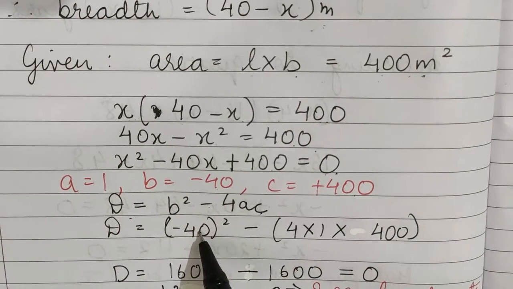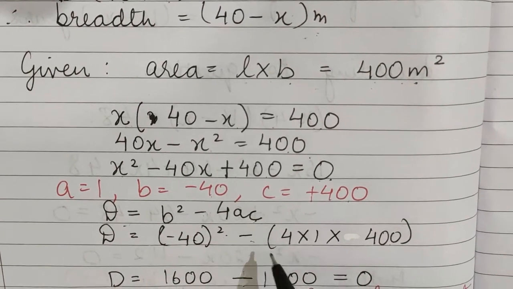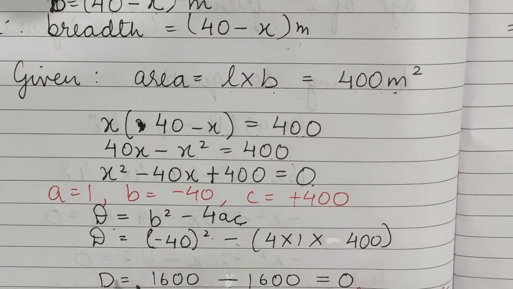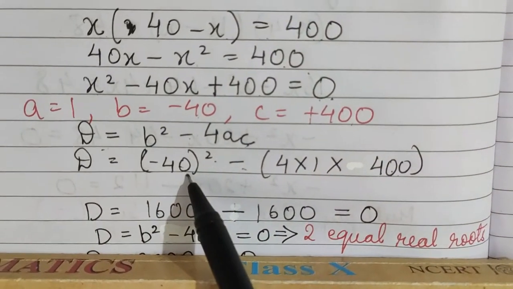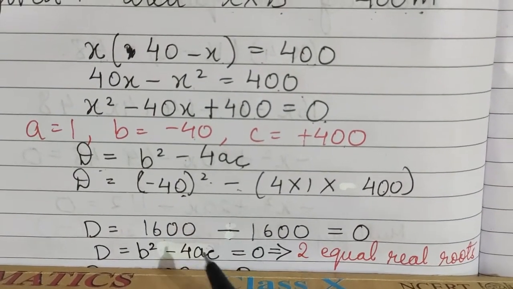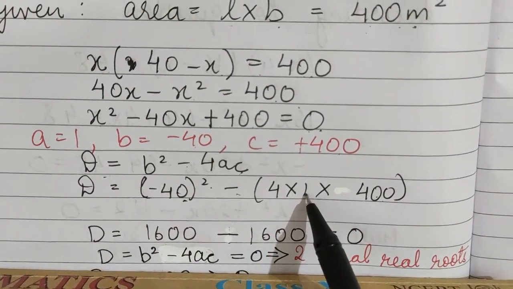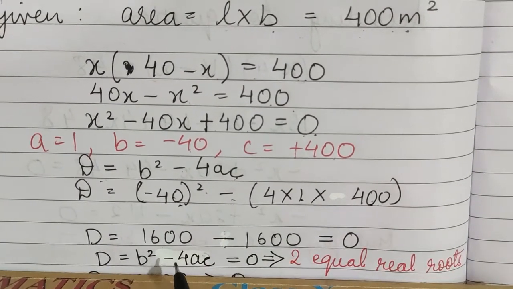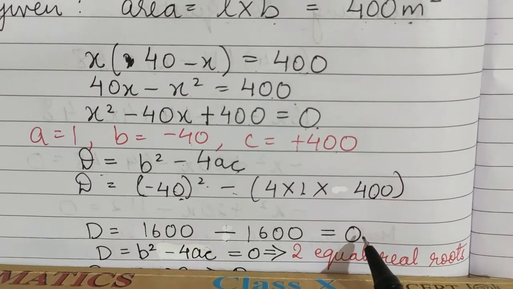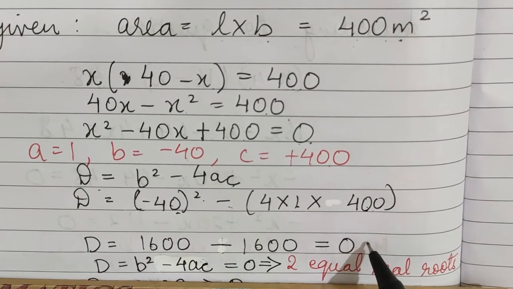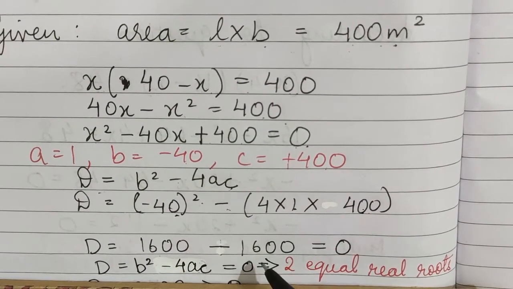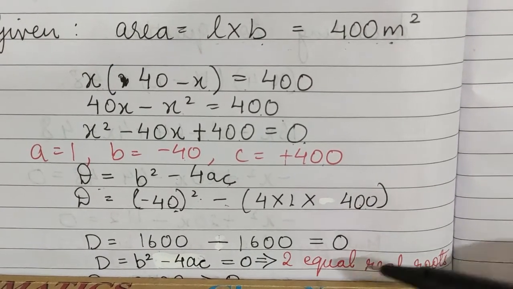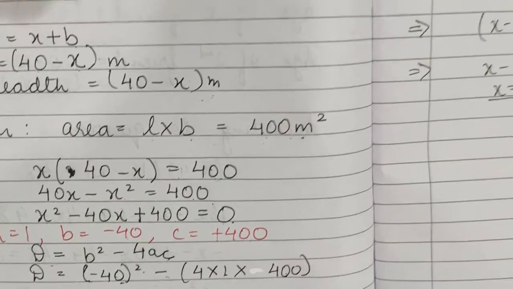So D equals (minus 40) whole square minus 4 into 1 into 400. Minus 40 multiplied by minus 40 gives 1600, minus 4 ones are 4 multiplied by 400 gives 1600. So 1600 minus 1600 equals 0. That means the discriminant is 0, B square minus 4AC equals 0. When this situation happens, what kind of roots do we get? We get 2 equal real roots.